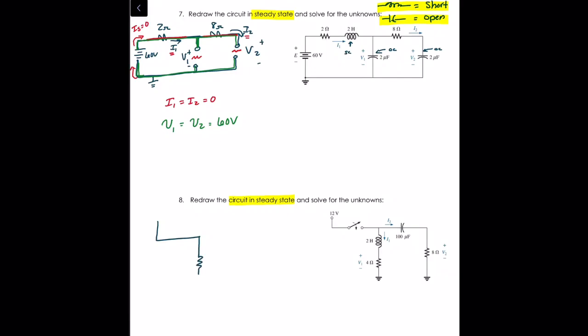I'm going to go ahead and close that switch as if it's been closed a while. And here's the circuit. So I'm looking for V1 here and I1 here. I'm looking for I2 this way and V2 over here.